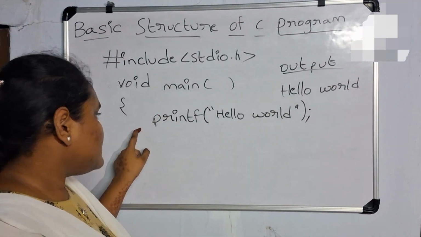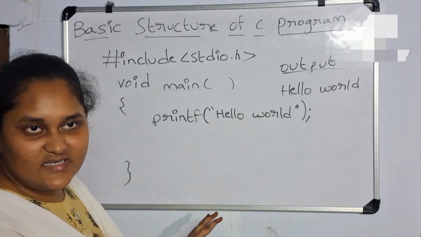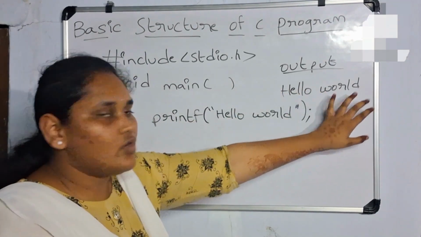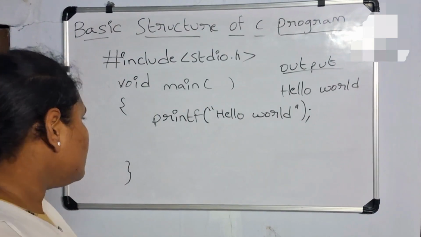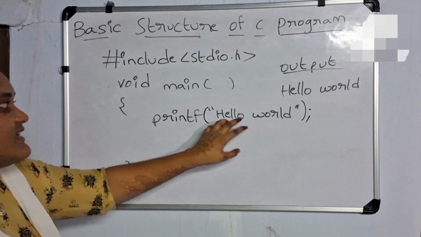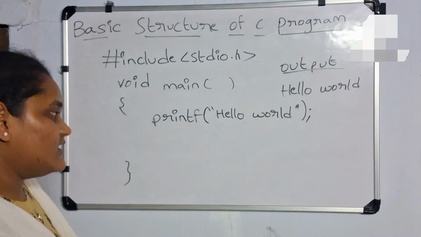After the code gets compiled, when we run this program, we'll get hello world on our output screen. So that is how we can print something onto our output screen.